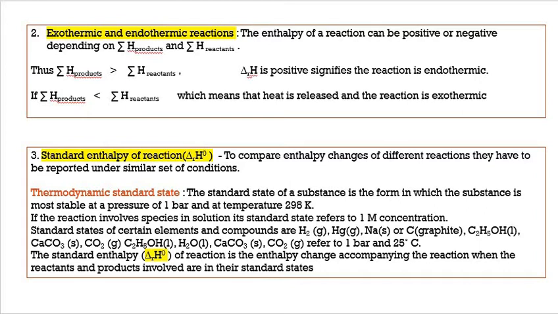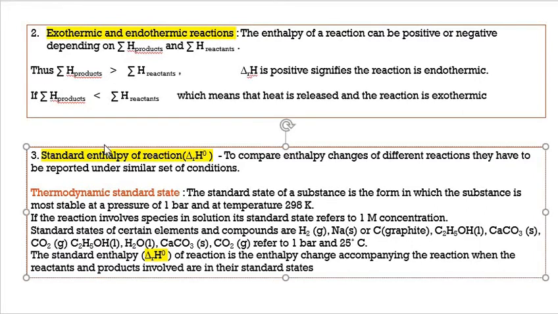The standard states of certain elements and compounds are: hydrogen is gaseous, mercury is liquid, sodium is solid, graphite is solid, ethanol is liquid, calcium carbonate is solid, water is liquid, and carbon dioxide is gaseous. These refer to 1 bar and 25 degrees Celsius temperature.